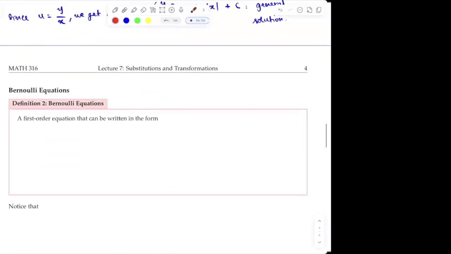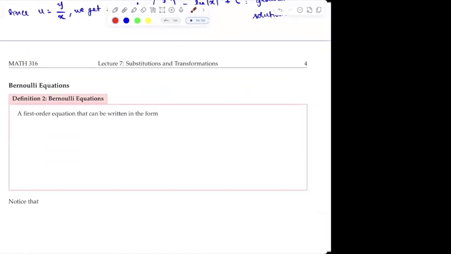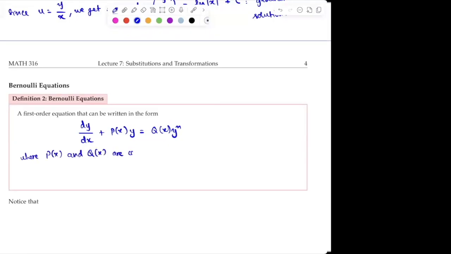All right, so now, moving on to the last type of equation, called Bernoulli equations. The Bernoulli equation is an equation of the form dy/dx plus p of x times y equals q of x times y to the power n, where p of x and q of x are continuous functions on the interval from a to b, just some interval, and n is a real number.